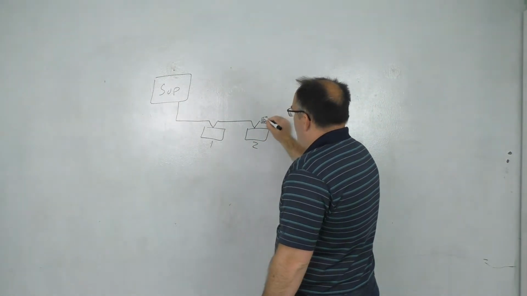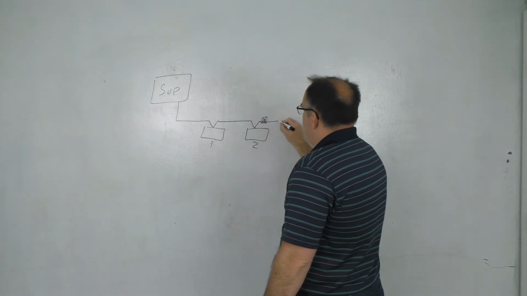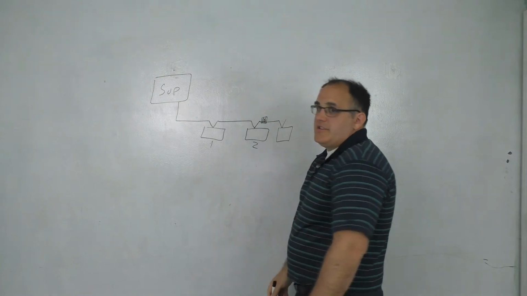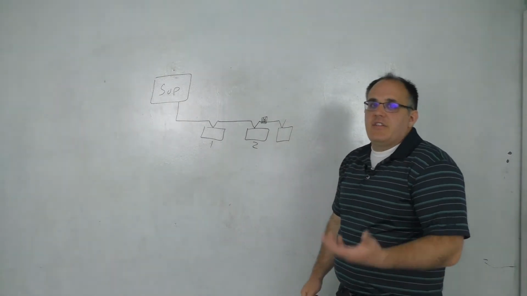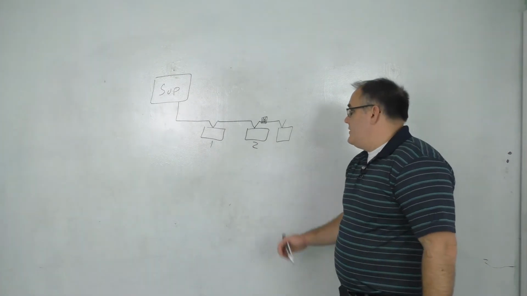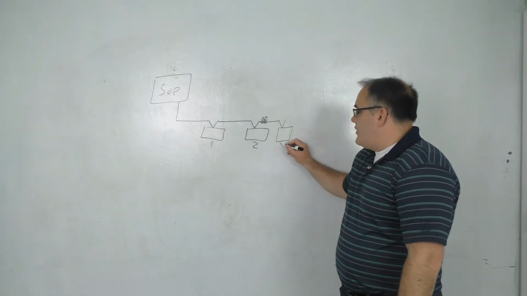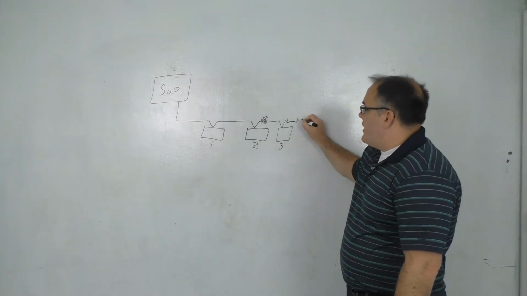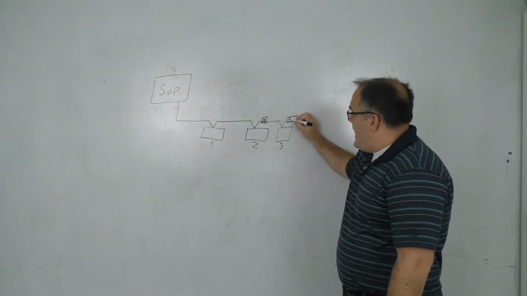Then we turn off the end of line and we can add controllers to the existing trunk, as long as we stay within that 4,000 feet, 32 device per segment recommendation. Then we add our device, we just continue sequentially adding, and then we put our end of line at the end of the line.